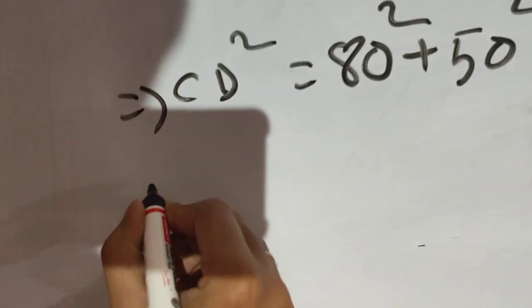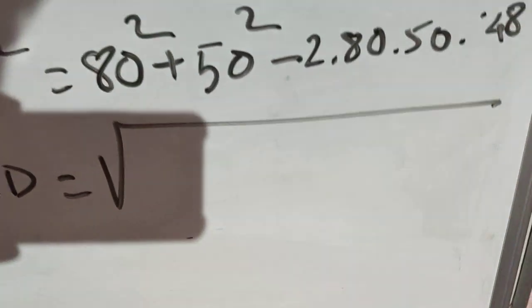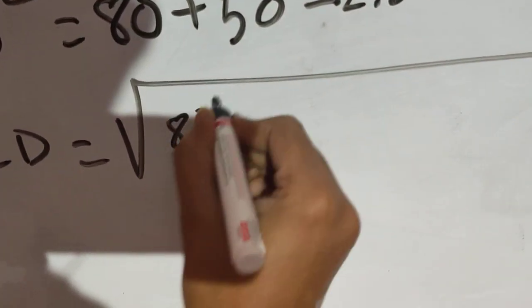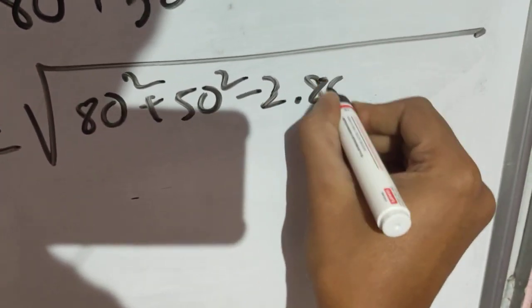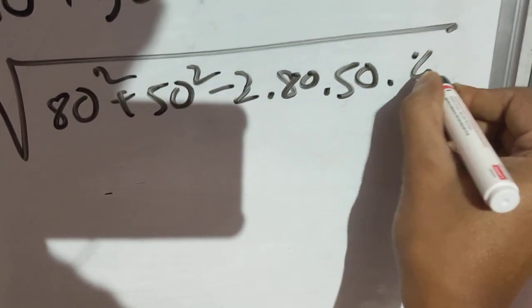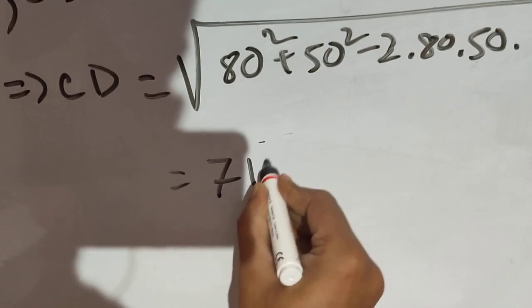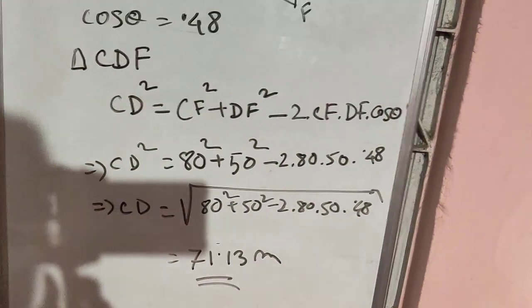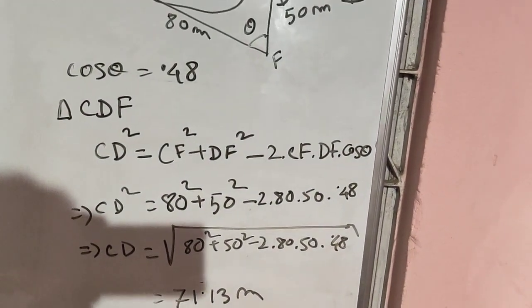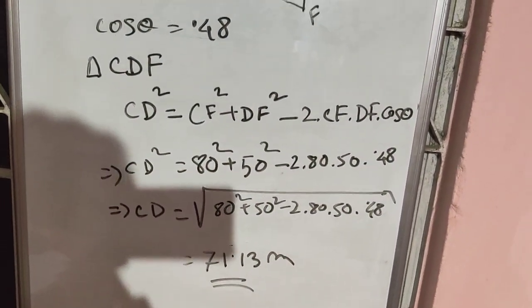So CD is ultimately the square root of this whole thing: 80 square plus 50 square minus 2 into 80 into 50 into 0.48. This is your value of CD. We are doing the calculation for you, and we have found it to be 71.13 meter. So CD is the width of the pond, which we have found out to be 71.13 meter.